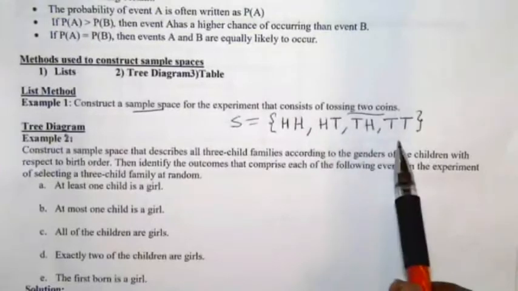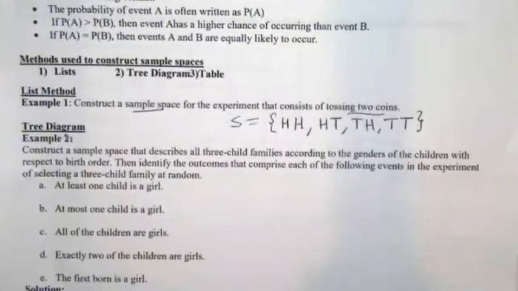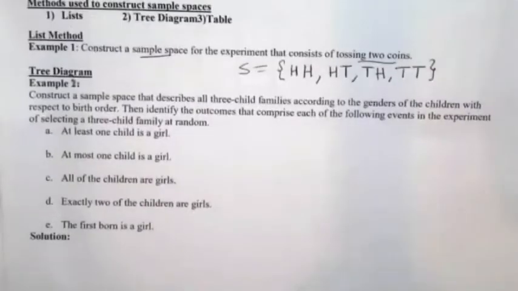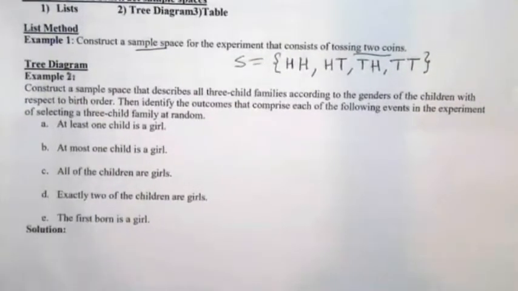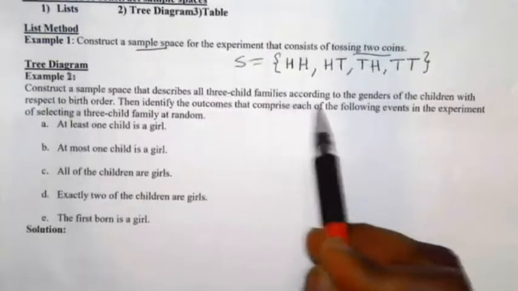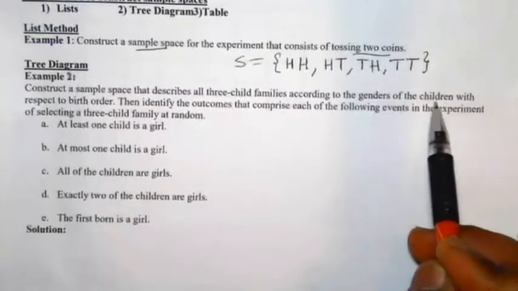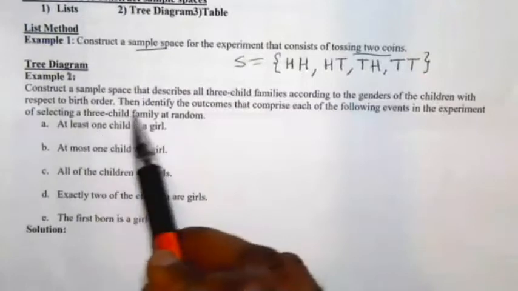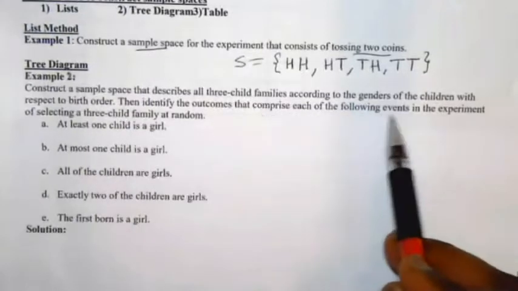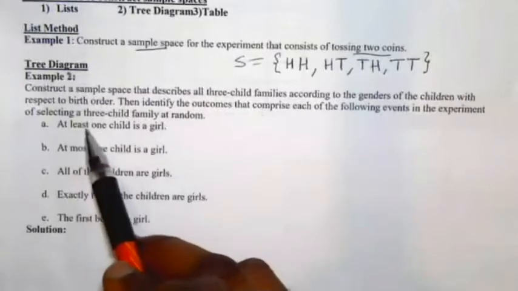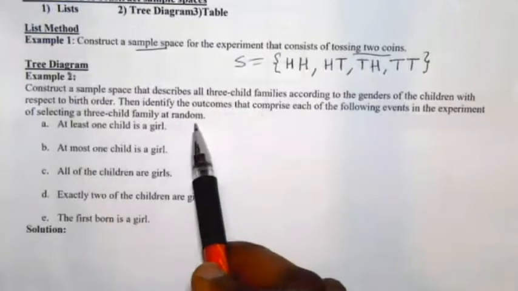Easy to list. Okay, but when you have the second example, where you want to construct a sample space that describes all the 3-child families according to the genders of the children with respect to birth order, then identify the outcomes that comprise each of the following events in the experiment of selecting a 3-child family at random.